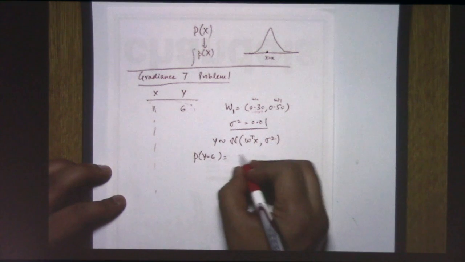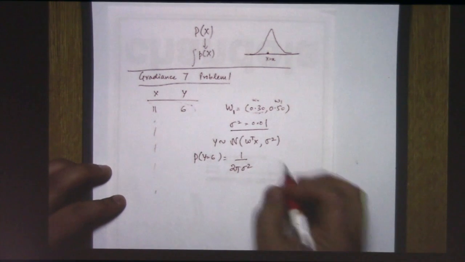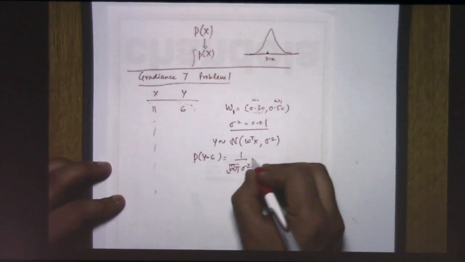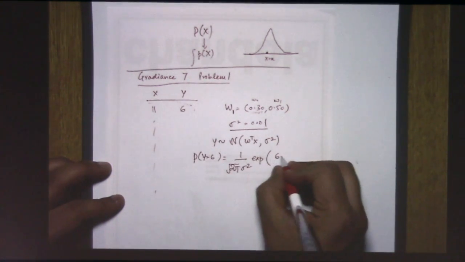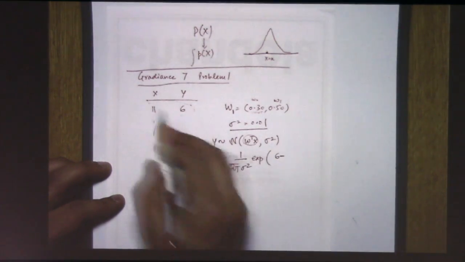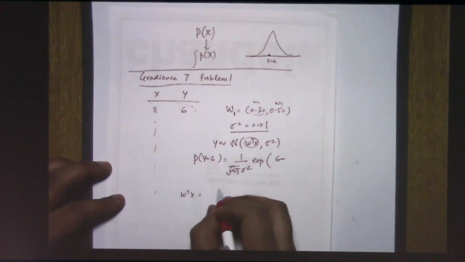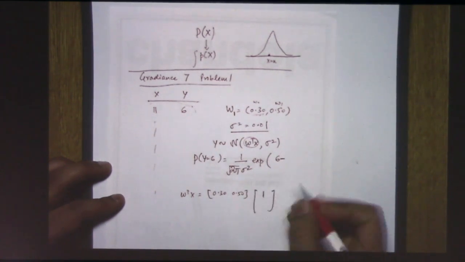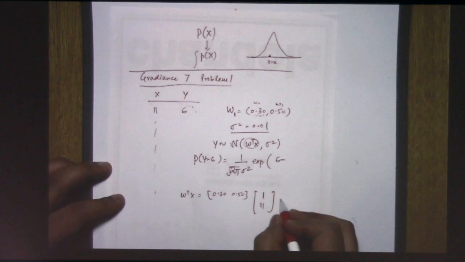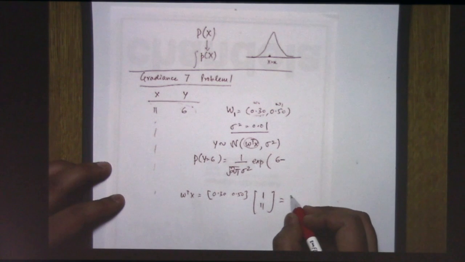It will be 1 over the square root of 2 pi sigma square, times exp of minus 1 over 2 sigma square, times y, which is 6, minus w transpose x, squared. Now, what will be w transpose x? It is 0.30, 0.50 times 1 for the bias term and 11. So 0.3 plus 5.5, 5.8.